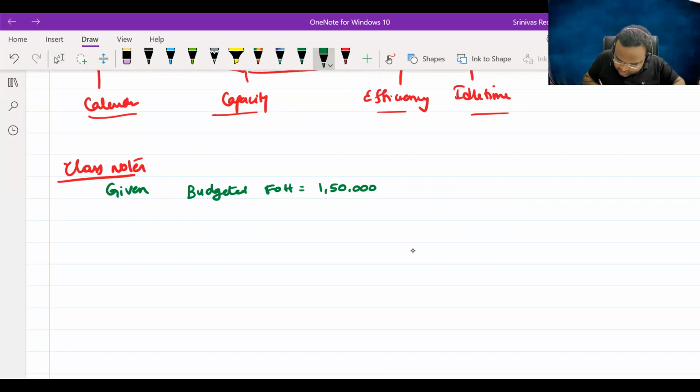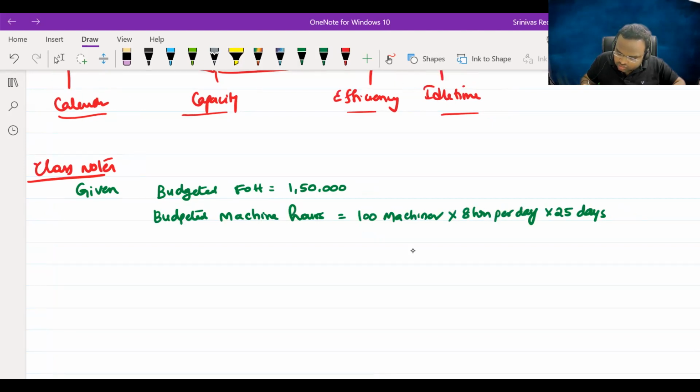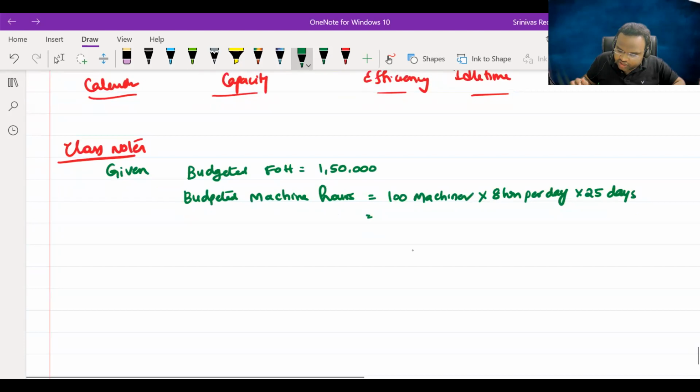Now budget machine hours. 100 machines, 8 hours per day, for how many days? 25 days. 100 into 8, 800 into 25, 20,000 machine hours.